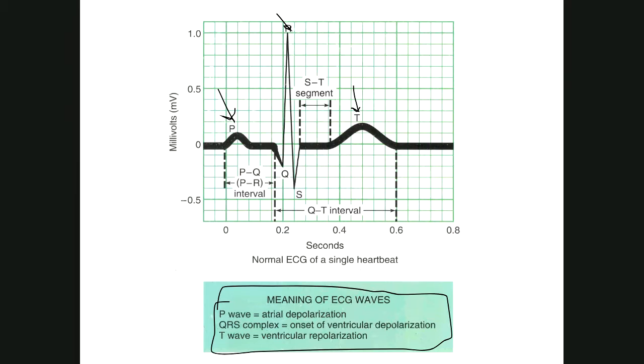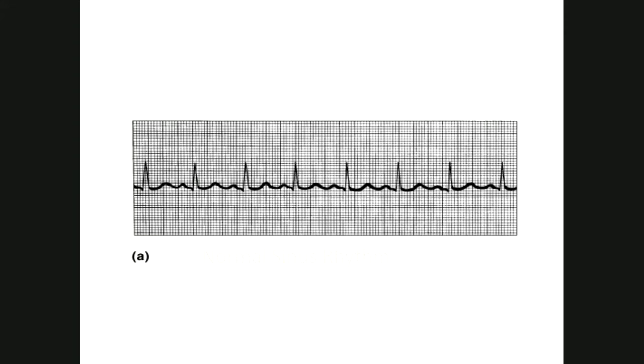So when we look at an ECG, it looks like this. So this is a plain old normal ECG. And look, there's a P wave, Q, R, S, and T. P, Q, R, S, and T, over and over and over again. And look, each one of them looks exactly the same as the one before it.